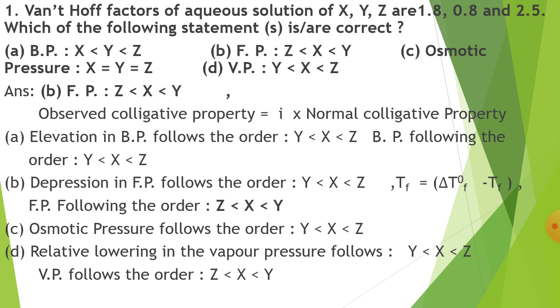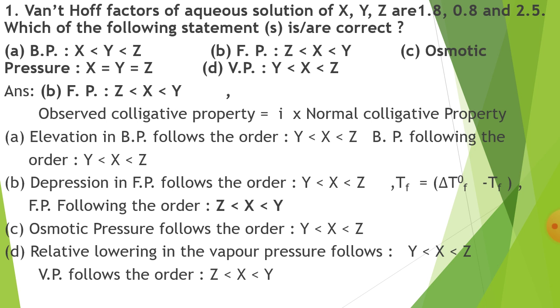Option A: boiling point order X is less than Y is less than Z. B: freezing point order, Z less than X, X less than Y. C: osmotic pressure, X equals Y equals Z. And D: vapor pressure, Y is less than X and X is less than Z. But the answer is B.